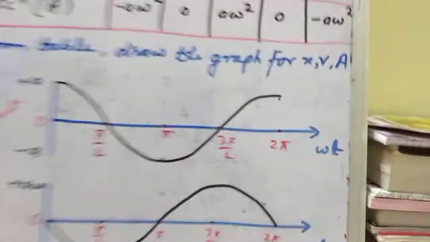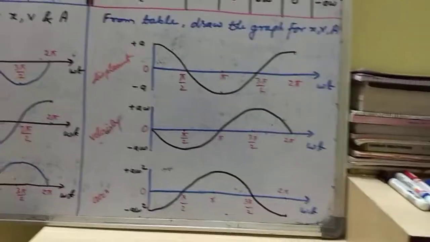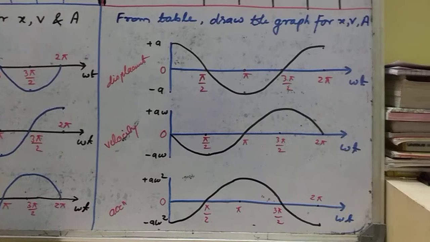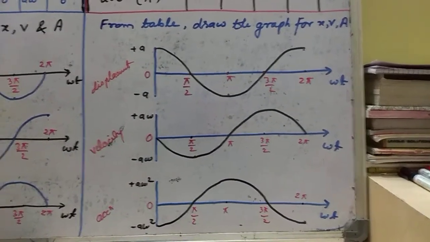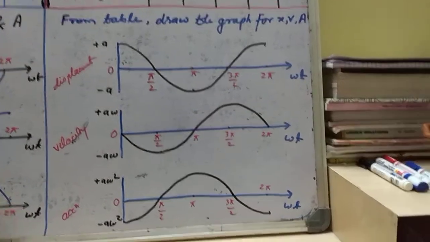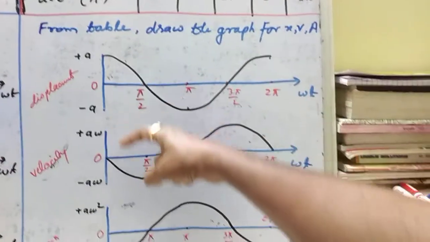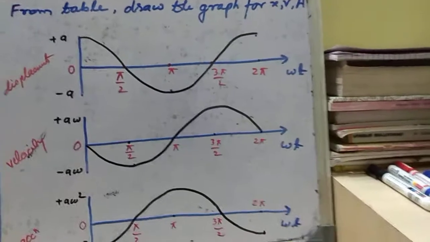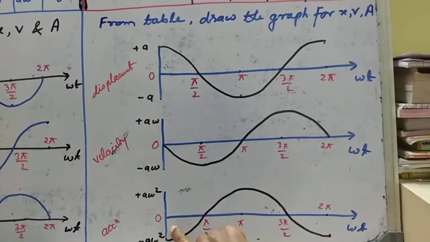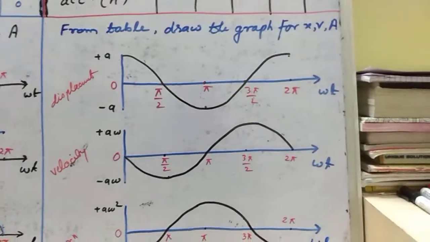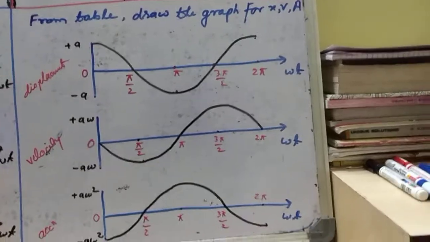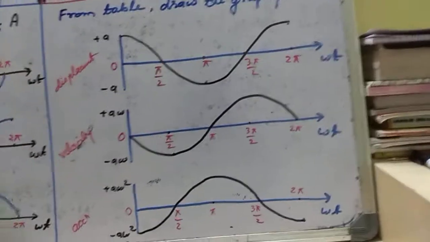So from both graphs, the conclusion is the same. What is the conclusion? The phase difference between displacement and velocity is pi by 2 radian or 90 degree, and between displacement and acceleration it is 180 degree, that is pi radian. Only the nature of the graph is different.